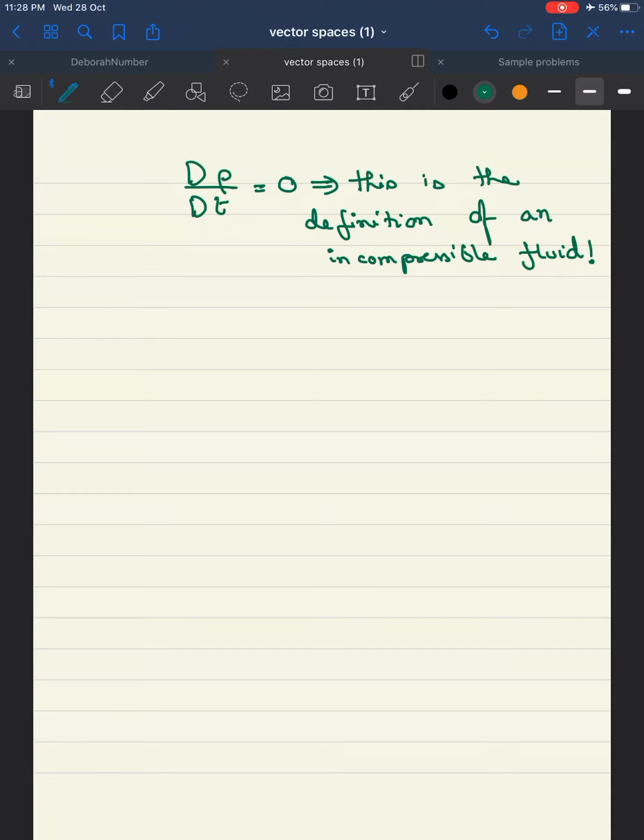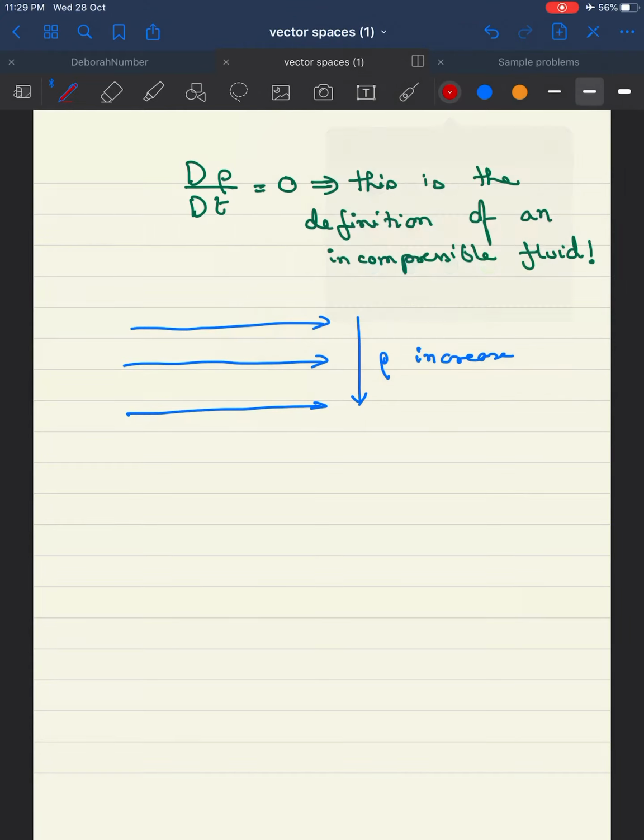You can have two different sections of the flow, such that you have flows in different streamlines, and let's say this is an ocean, and you can have density increase as you go through the different layers, but in each fluid layer, the fluid is traveling along a path such that its density remains constant.